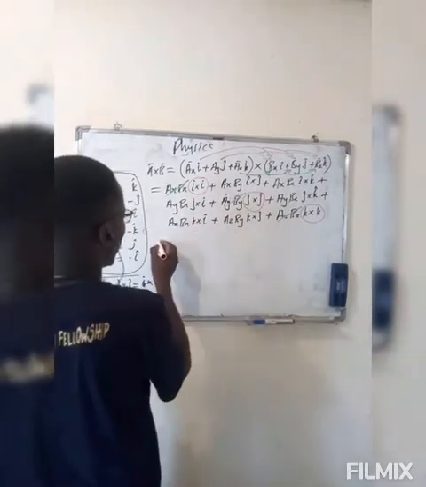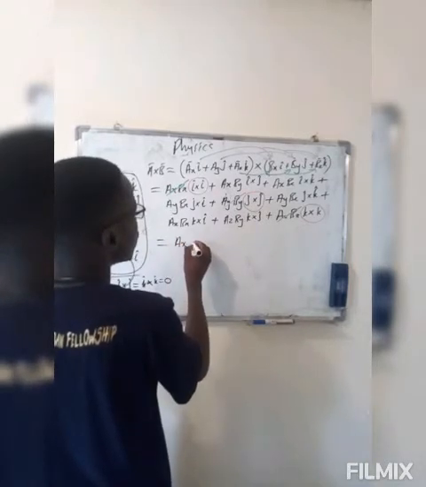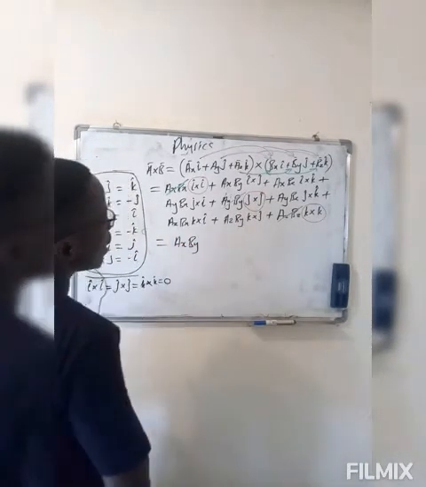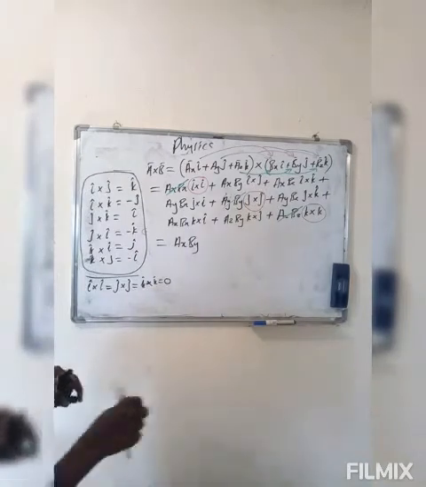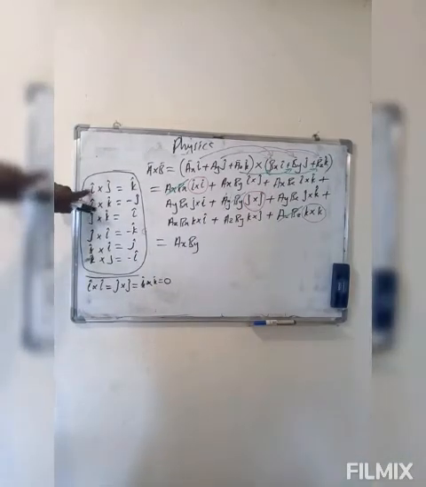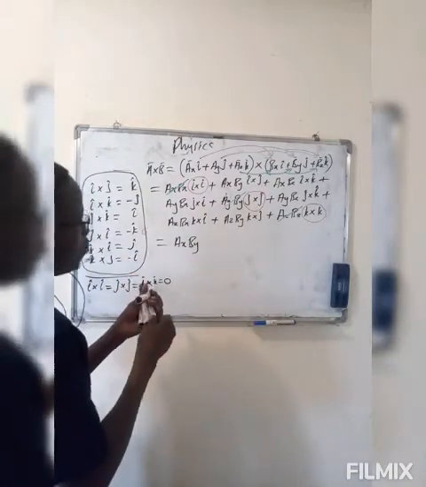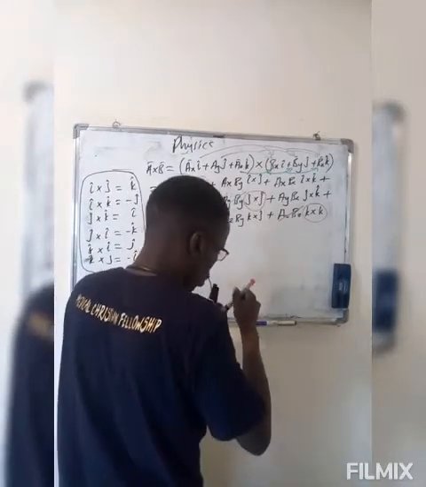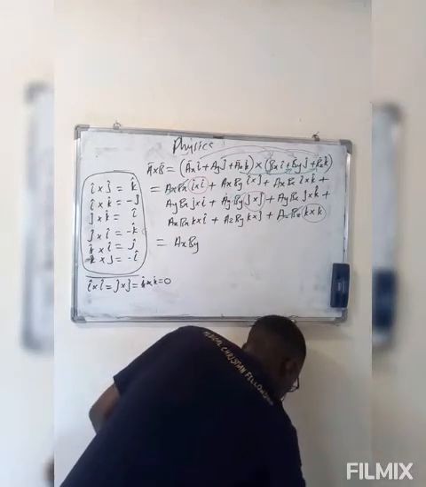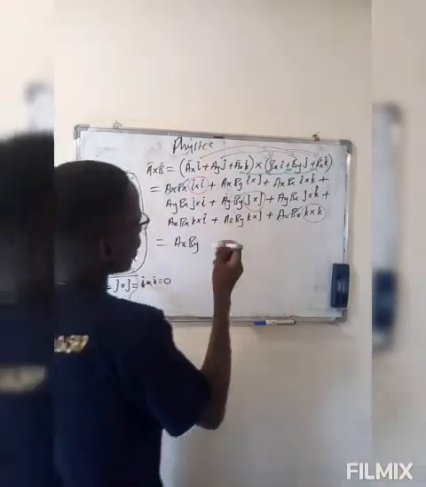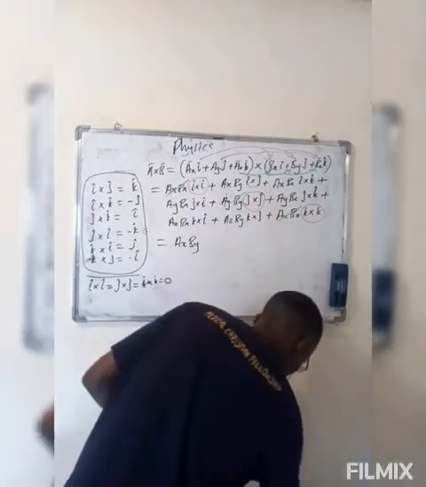So we have this part, which is AX BY, and then we have i multiplied by j. So where do we have i by j? Here. I by j is going to give us k.